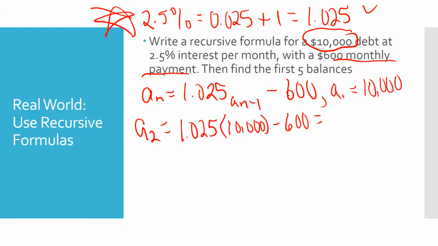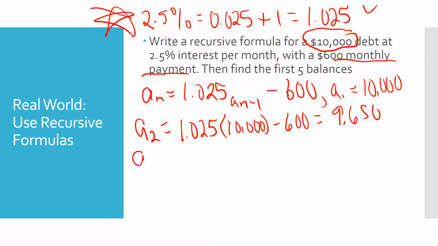So I got 1.025 times 10,000 minus 600. And that's going to give me 9,650. So at the end of the second month, this guy's going to owe 9,650.